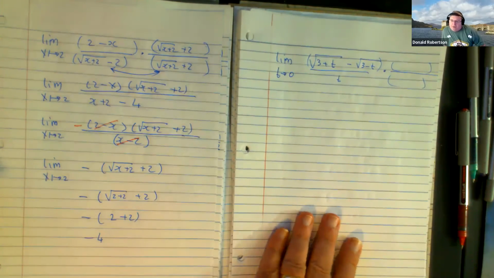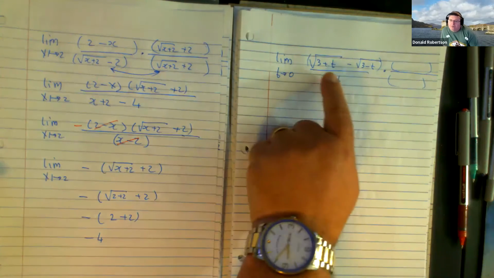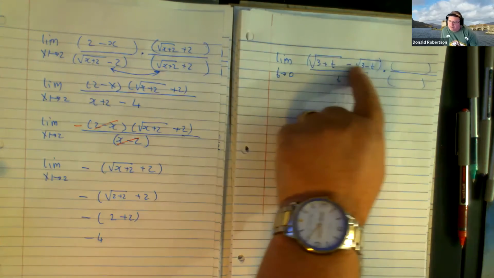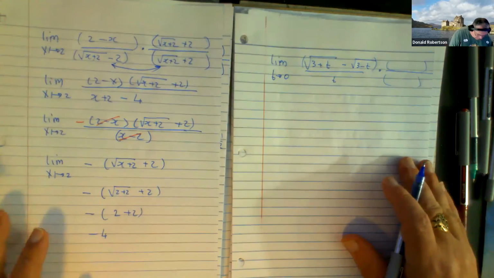Right, so we need to multiply by the conjugate. That's how you do this method. And our conjugate is going to come from the square root things. These guys. So what would my conjugate be this time?